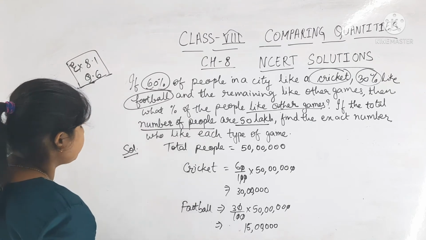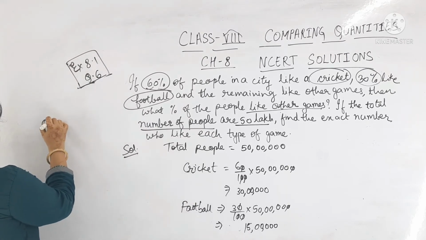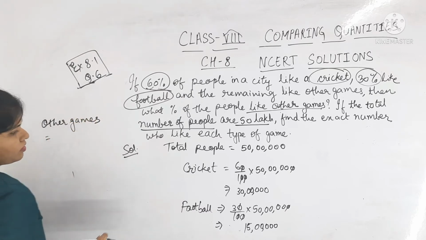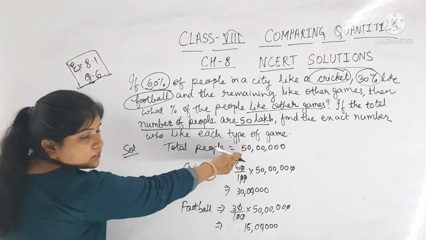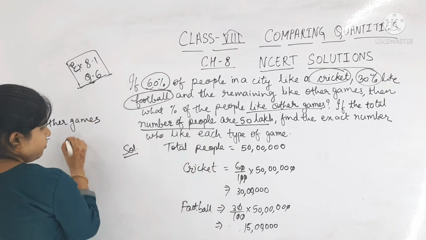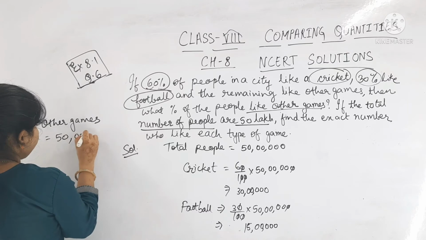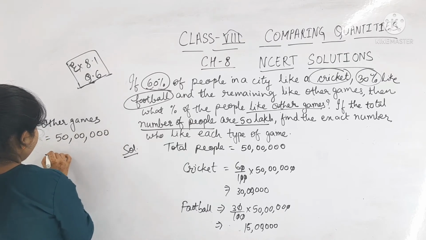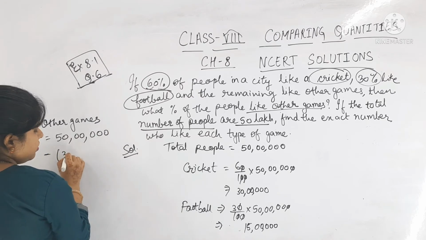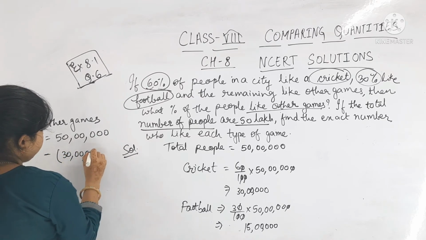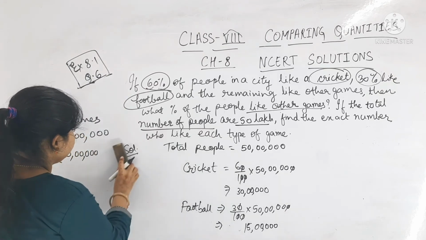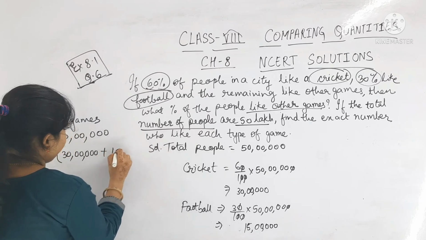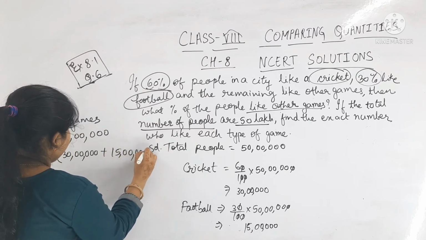Now for other games, I will write here. Other games will be 50 lakh minus the addition of these two: 30 lakh plus 15 lakh.